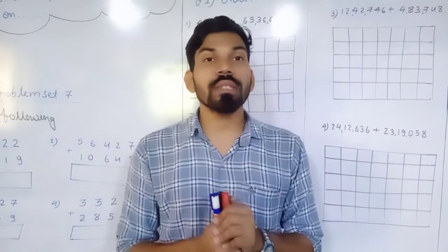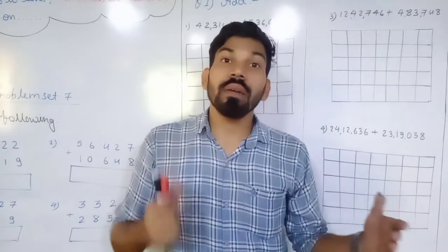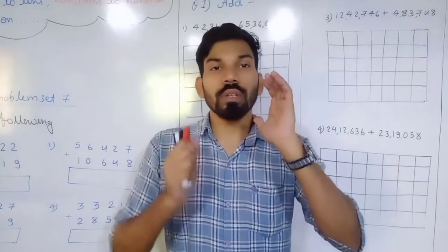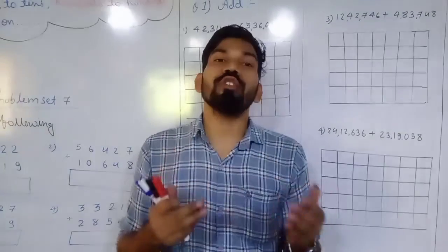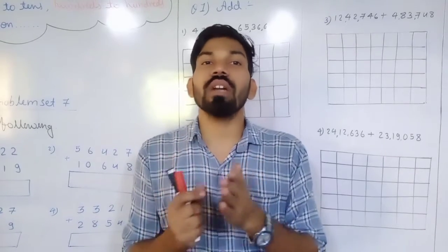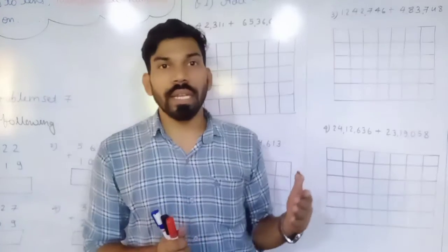Whenever we are doing the sums of addition, we already started in the previous classes. But we have to recall a few things. We are going to pay attention to a few specific things which are going to help us solve the addition sums correctly. Let's see.